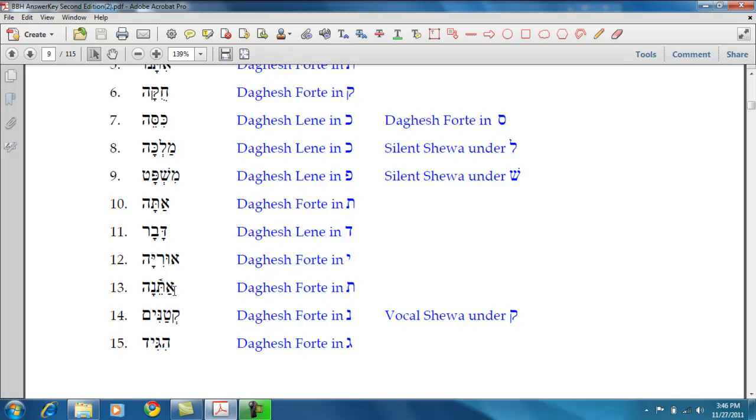Atena is a dagesh forte because it is a begadkefat letter, but it is following a vocal vowel here. So it is a dagesh forte. Atena, three syllables here.